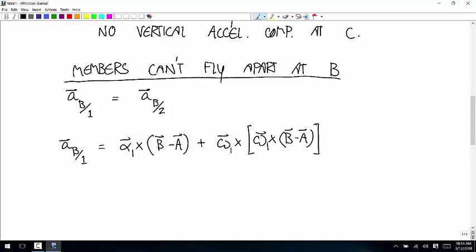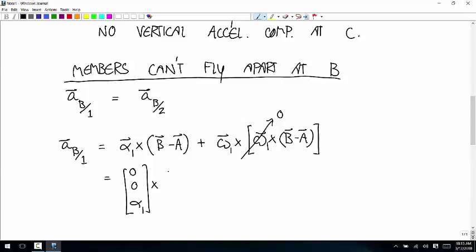Okay, and the centripetal acceleration term goes away because you don't have any angular velocity. And so this angular acceleration is in the z direction. So we got 0, 0, alpha 1 crossed with, we can figure out what that r vector is. It's 1 meter times cosine and sine of 60 degrees.